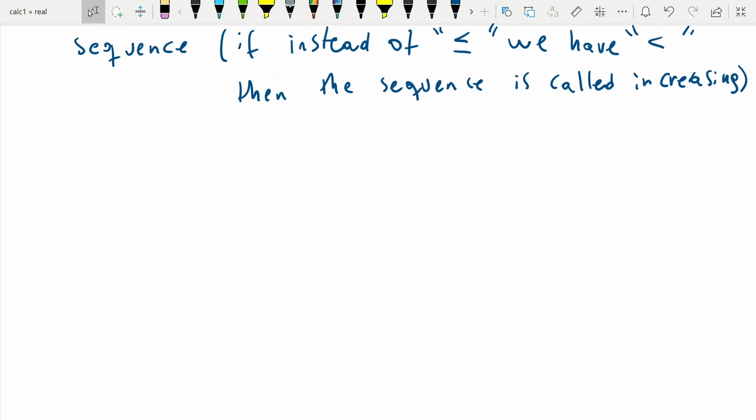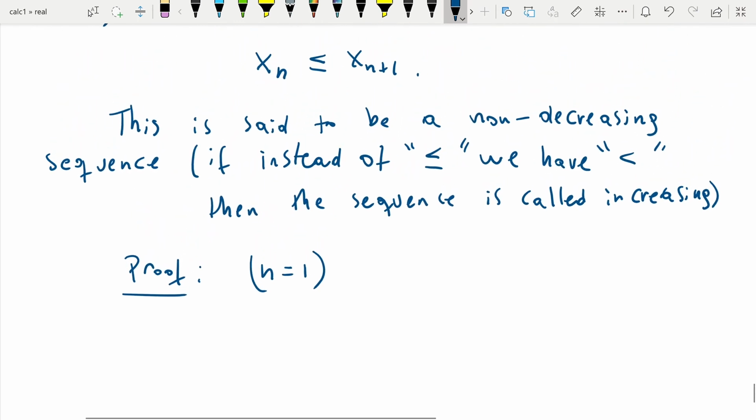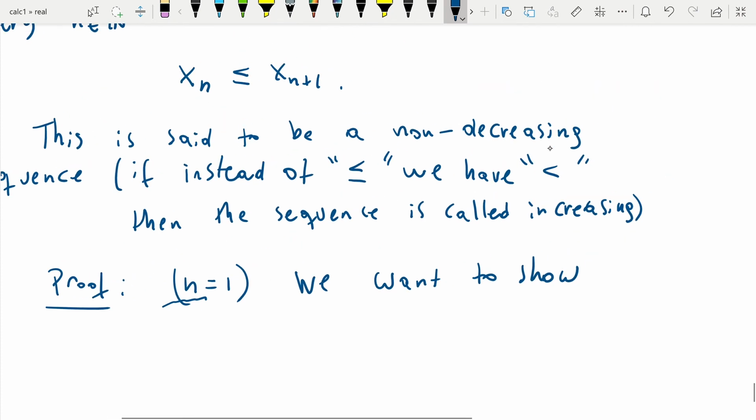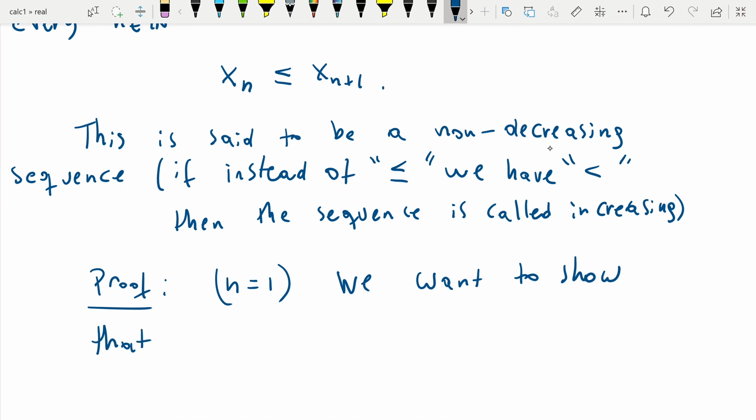We need to show then the base case. So we want to show that this is true for n equals 1. For n equals 1, we want to show that x of 1 is less than or equal to x of 2.